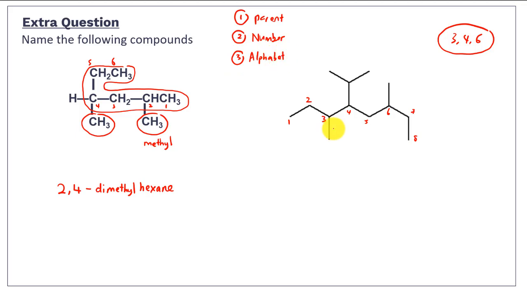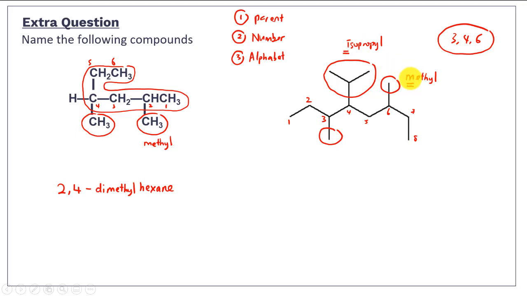So carbon 3 and carbon 6, I have the same substituent, which is the methyl group. And then at carbon number 4, I have my isopropyl. So comparing the letters, I have an I and an M. So again, we follow the alphabet, with the I first and then after that M.